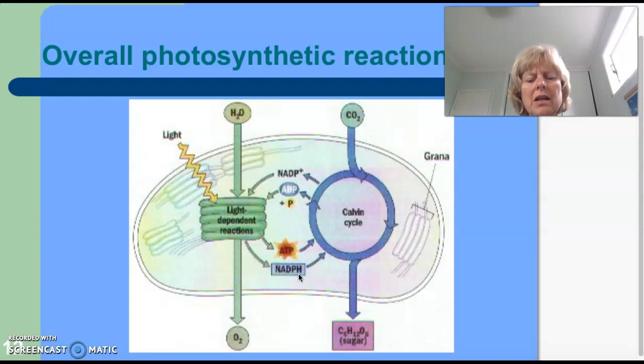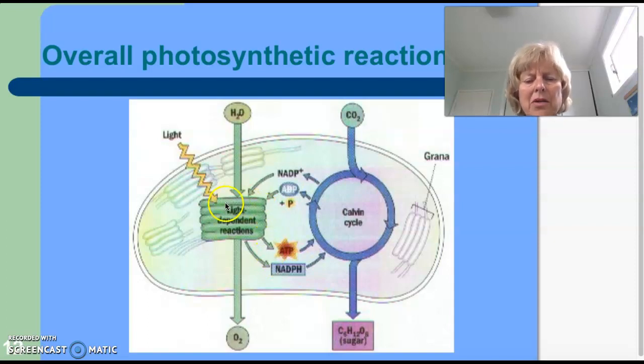So just like in respiration, we have a carrier molecule that carries hydrogen atoms from one reaction or from one chain of reactions to the other. In respiration, this molecule was called NAD. In photosynthesis, this molecule is called NADP. So remember P for photosynthesis.